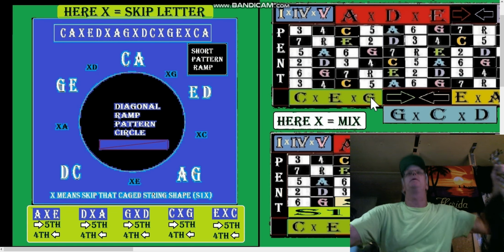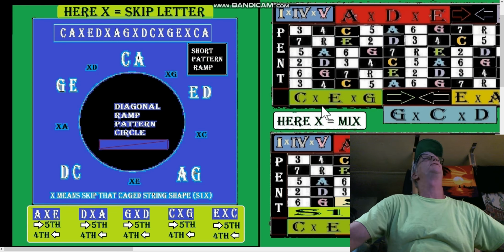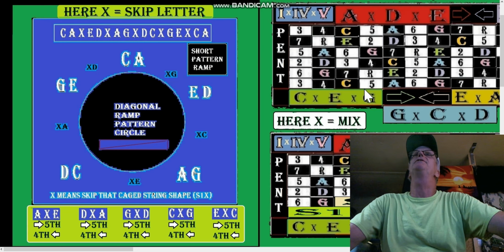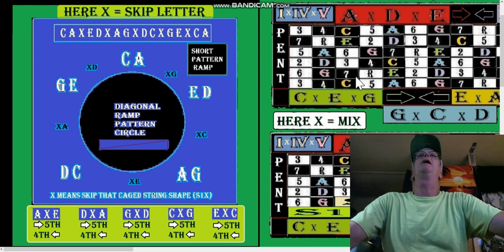That's what I mean by this banner represents the superimposition or the tri-pentatonic of the C box.